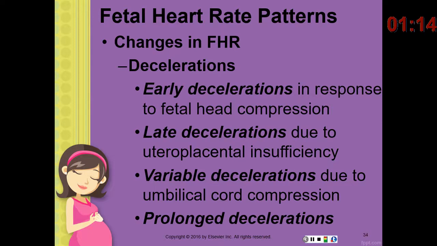So what are some things that cause uteroplacental insufficiency? Some of the things that we've learned about would be what? Maternal high blood pressure, preeclampsia, anything that makes the placenta not perfuse as well. Okay? Late decelerations are a sign of fetal stress.